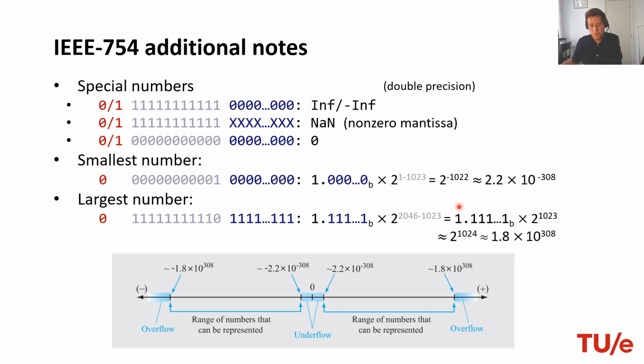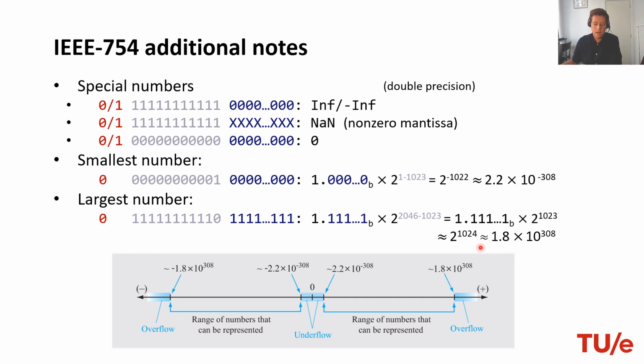So this would be 1.11111 times 2 to the power 1023. Now this is very close to simply 2 to the power 1024, which is approximately 1.8 times 10 to the power 308.